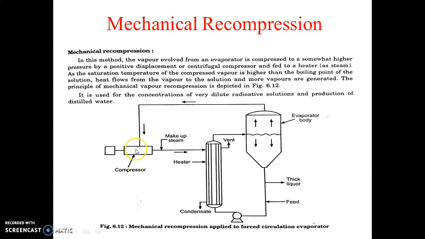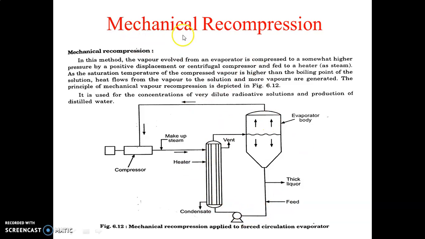So these vapors are used as a heating medium. Instead of feeding a separate steam line, we can use these vapors as the heating medium, and this cycle is repeated. The thick liquor produced is taken out from here, and the remaining part is recirculated.